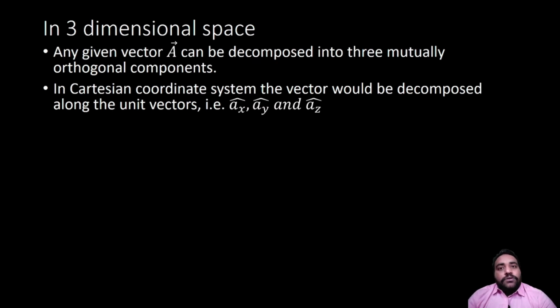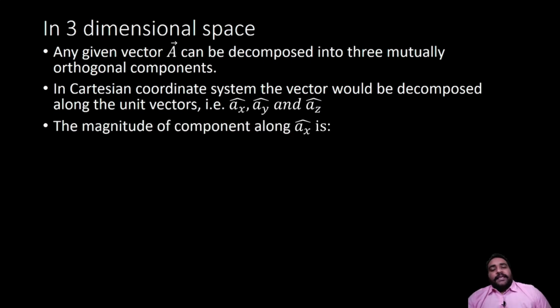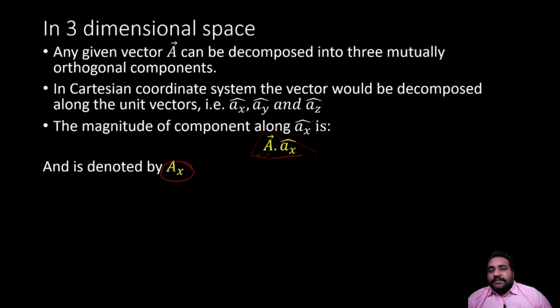The magnitude of component along ax cap can be obtained using the operation of dot product, and that is a bar dot ax cap. It is denoted as Ax. Please note that this Ax here is not a vector component but a scalar component.